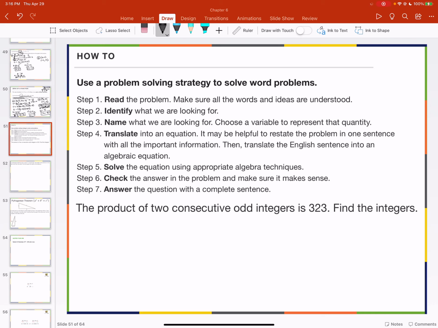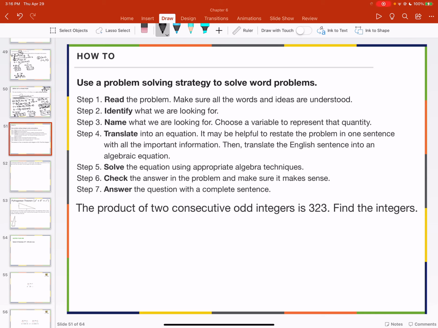Like if it says how long or how far or how fast, that means your variable is going to represent time or distance, or rate. So then you need to name that, choose a variable, translate it into an equation, and make sure that we cover everything and then solve the equation.